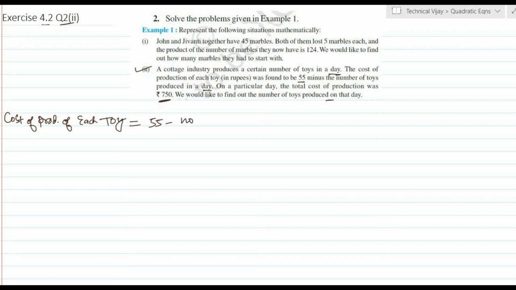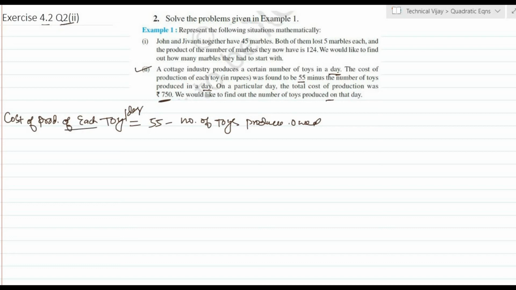That is 55 minus the number of toys produced in one day. So like this one statement he has given.